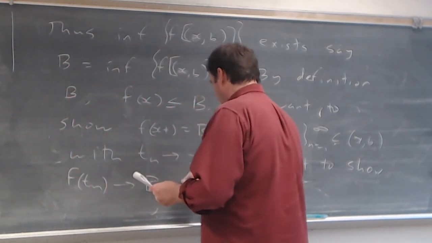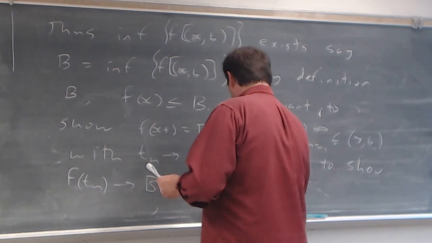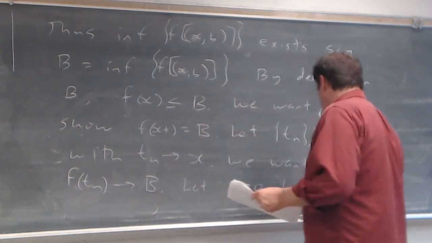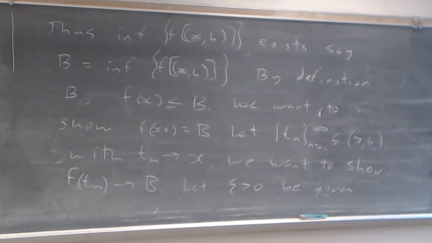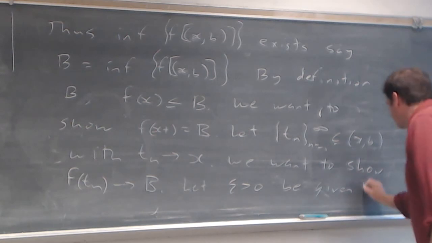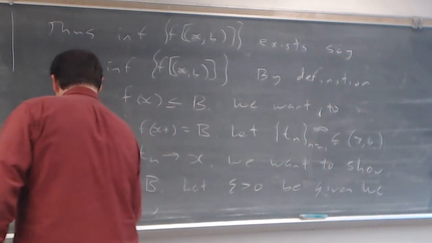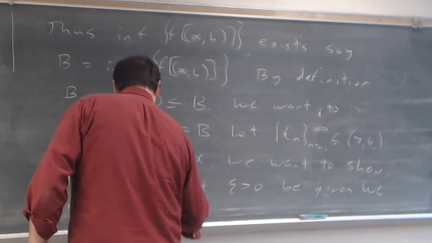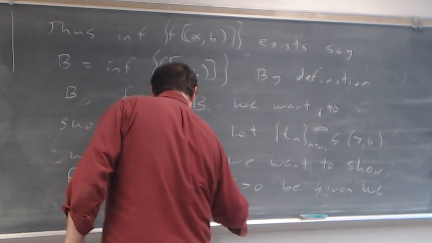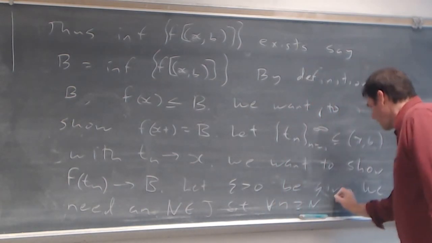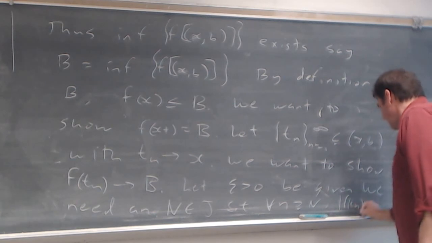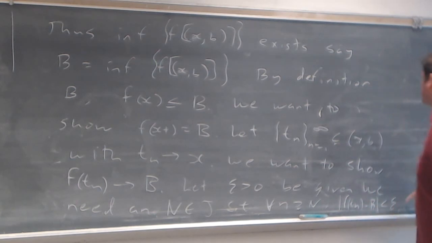All right, we let epsilon greater than 0 be given. What do we need? We need an N element of the natural numbers such that for all n greater than or equal to N, the value of f of t sub n minus b is less than epsilon.